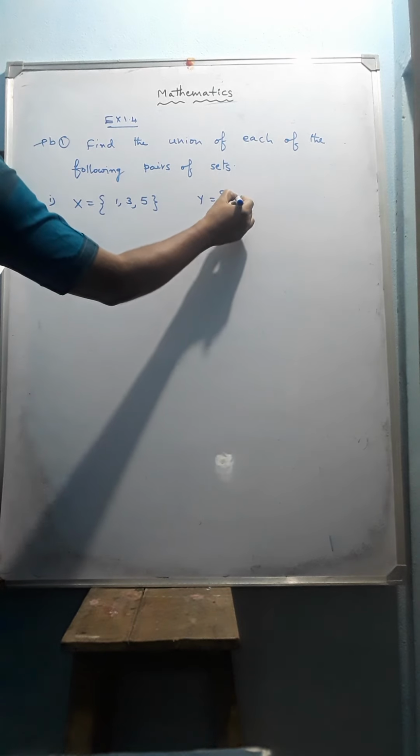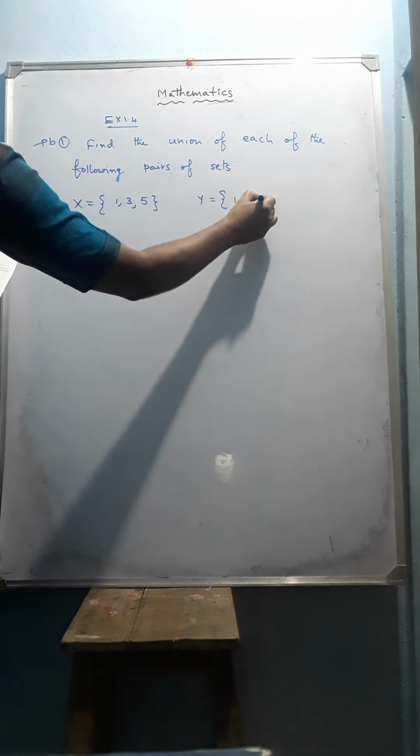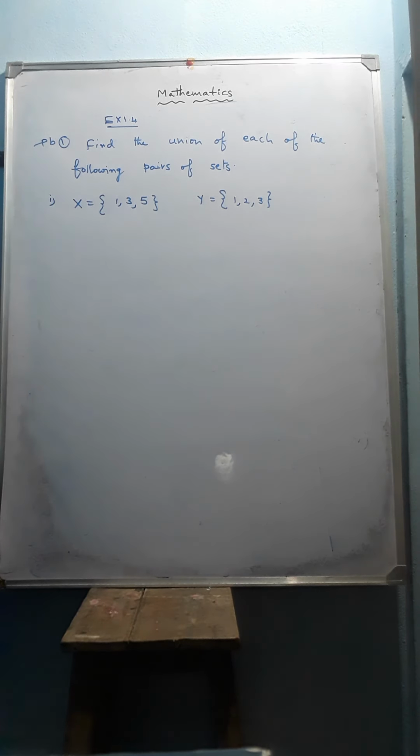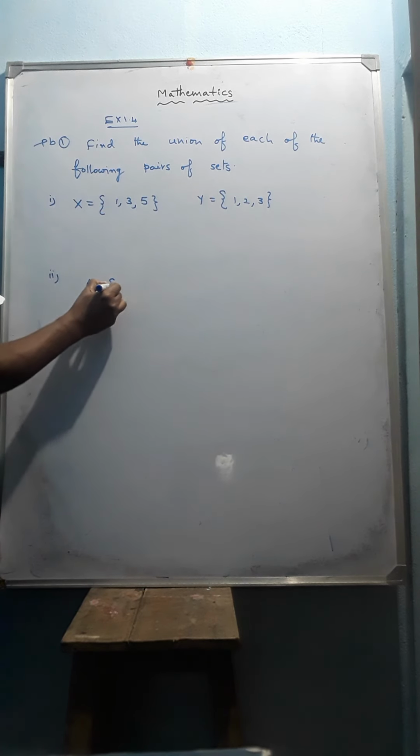equal to the set of 1, 2, 3. Okay, next, second one: A is equal to the set of a, e, i, o, u. B is equal to the set of a, b, c.